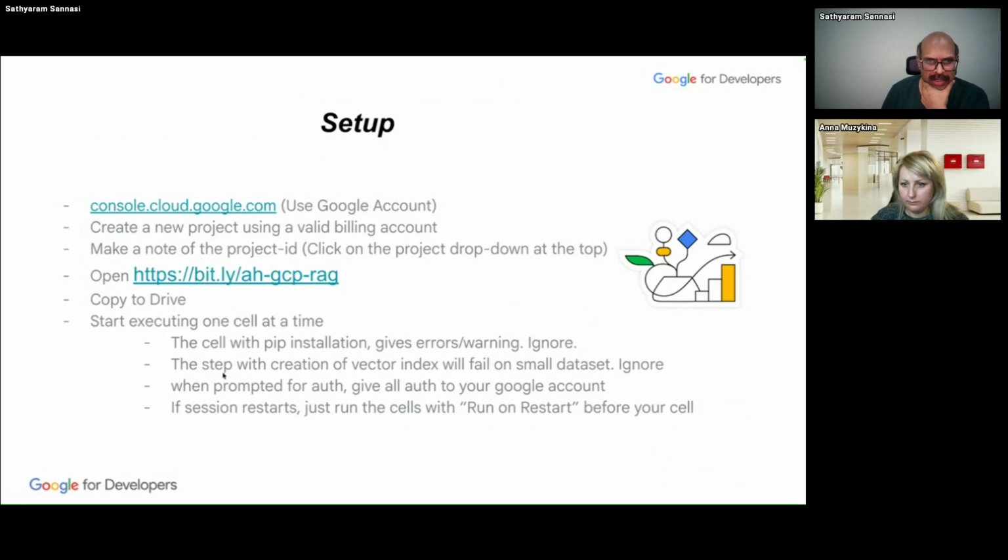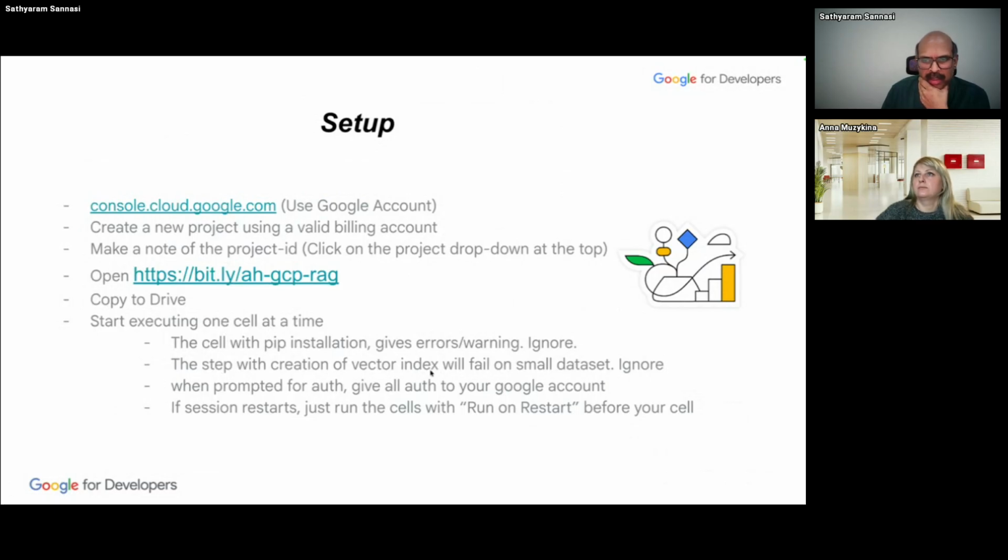I also mentioned some of the things that you might see. The pip in the first step, which installs the libraries, gives some warnings. You can ignore them. In this example, I have used about 5,000 rows in a BigQuery database.